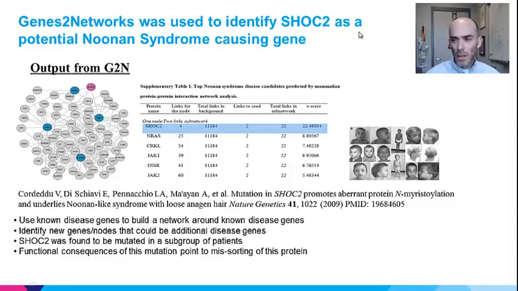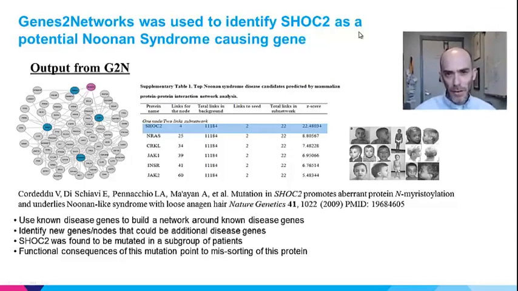Bruce Gelb and his colleagues then showed that the mutation caused a missorting of the gene product, and that causes a mild upregulation of the MAP kinase pathway. Missorting means that the protein was going to the wrong part of the cell. The patients with this mutation have a Noonan-like syndrome that is associated with typical loose anagen hair.